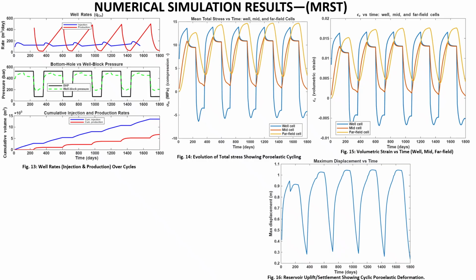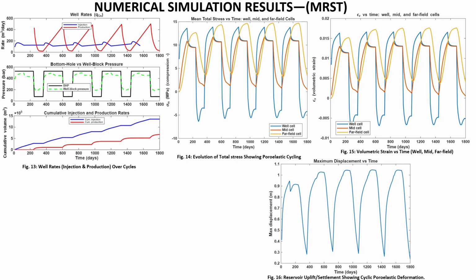During production, displacement sharply drops to around 0.3 meters, which you can see in this first cycle and second cycle. In the last cycle, we see that the displacement drops to almost about 0.25 meters.